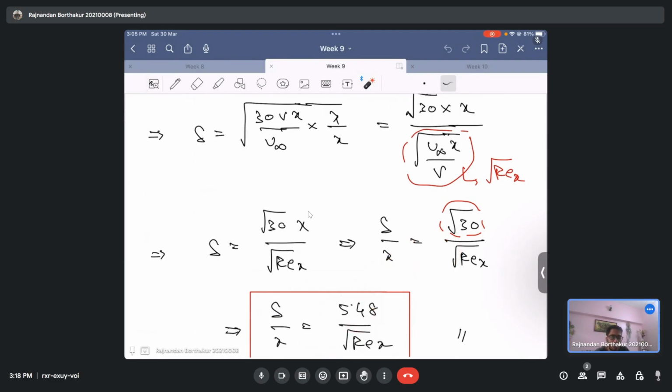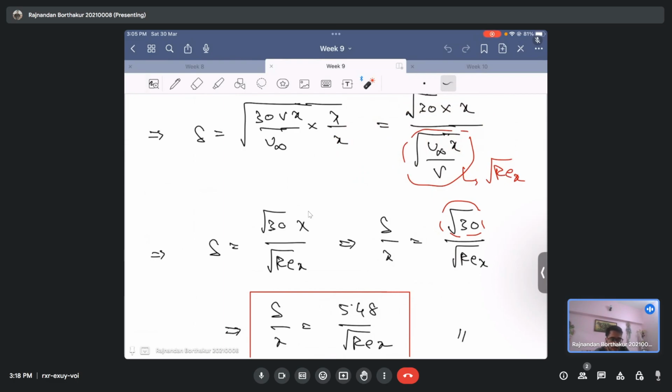The momentum integral approach is simple and yet powerful, because once we know the form of u by u infinity, this is sufficient for us to know how delta varies with x. So that's what we saw in the last class, and we concluded with that.